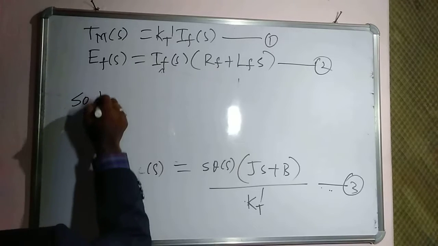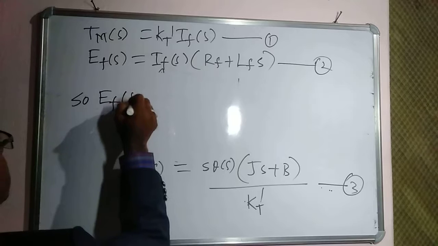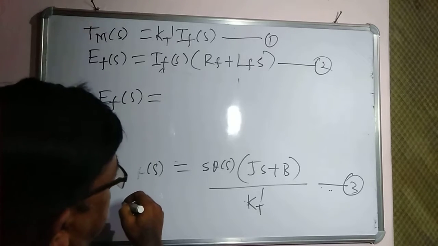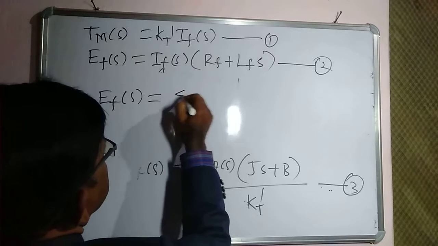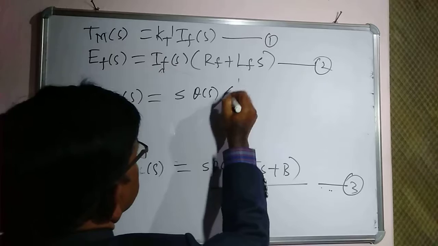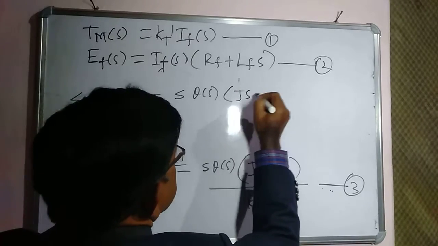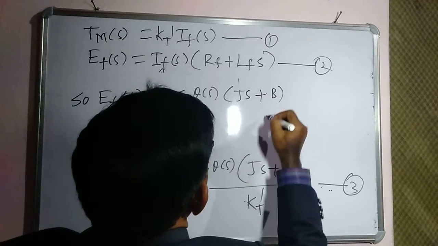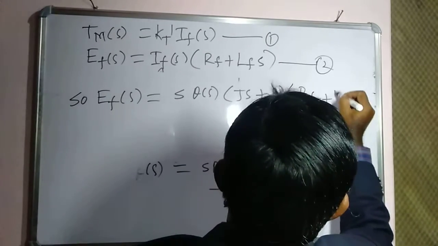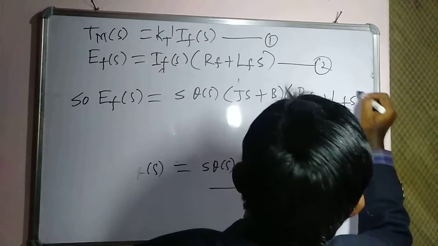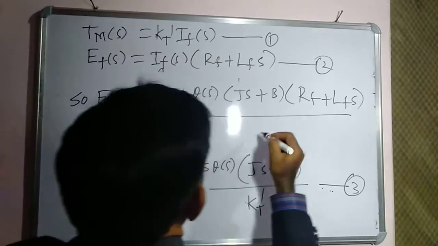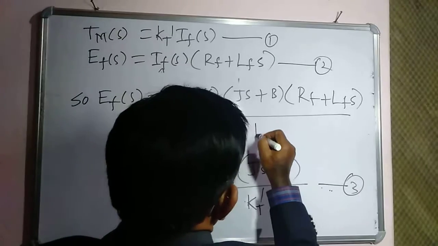So Ef of s is equal to s theta of s into Js plus B into Rf plus Lf s divided by Kt dash.